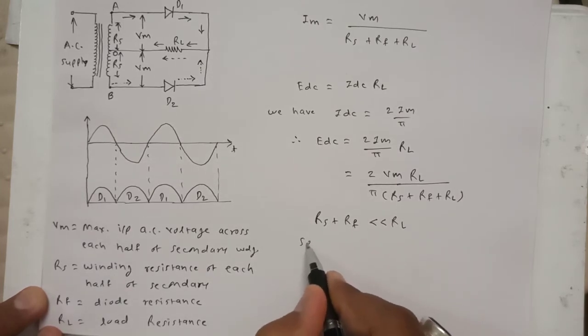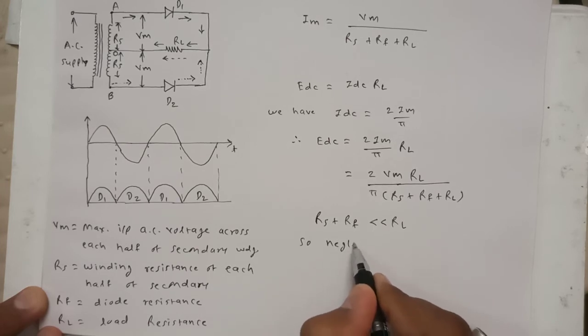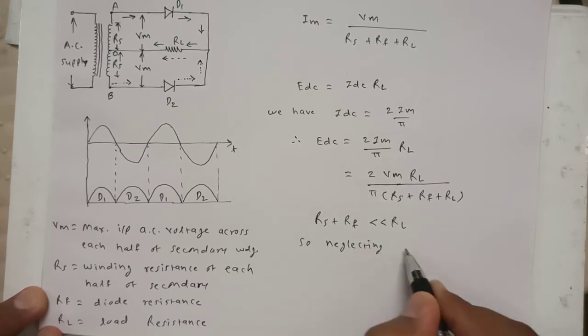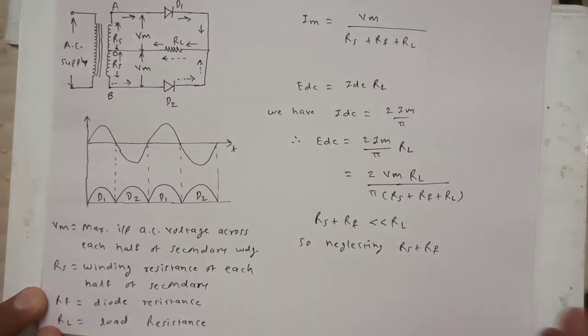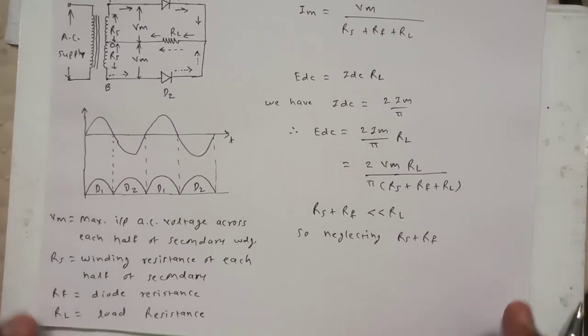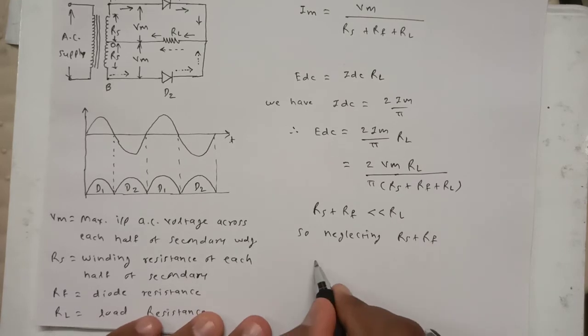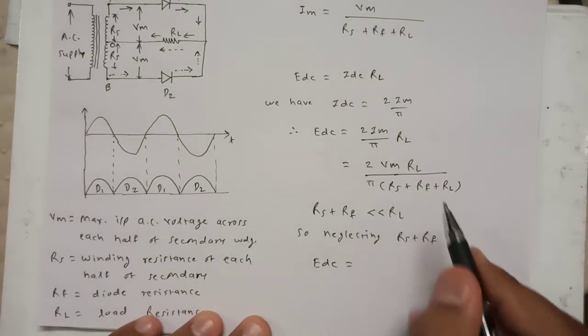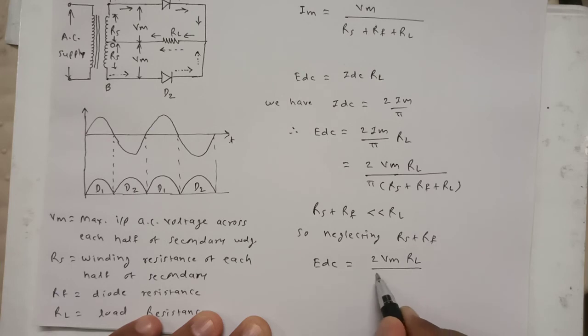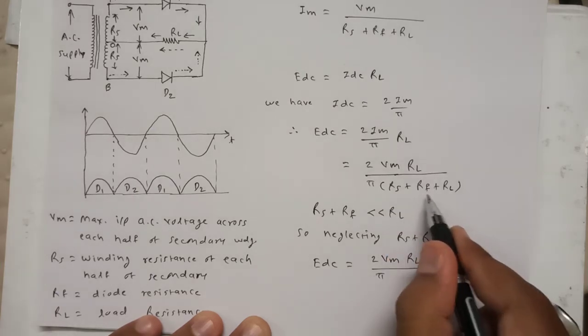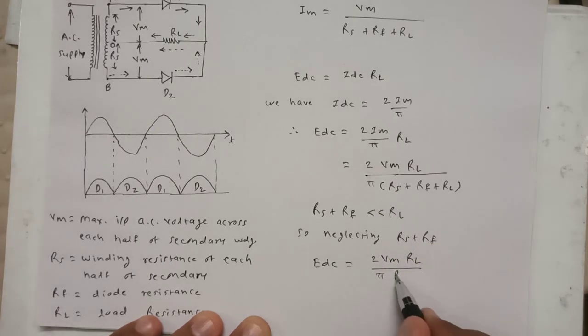Neglecting RS plus RF, we get twice Vm into RL upon pi times RL.